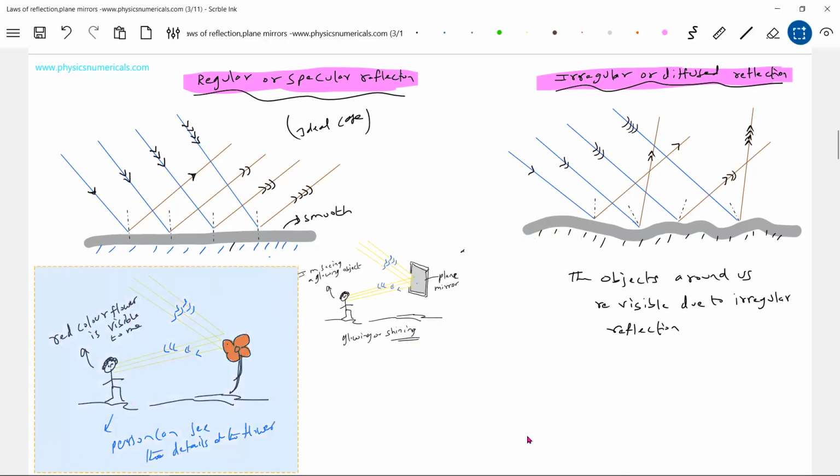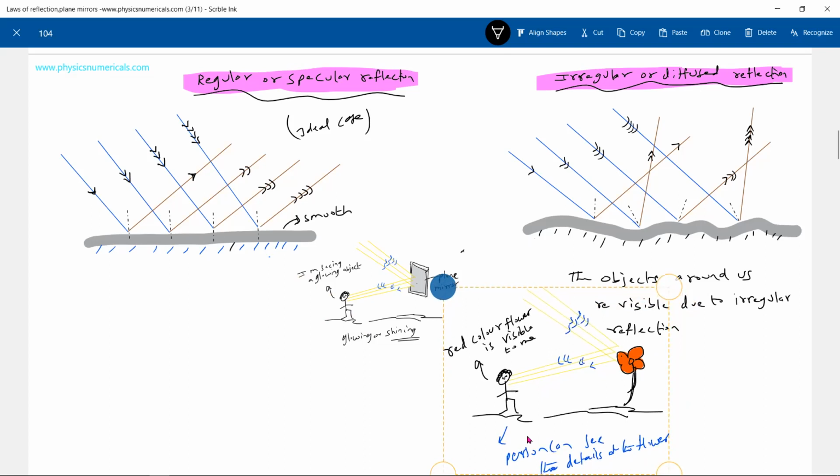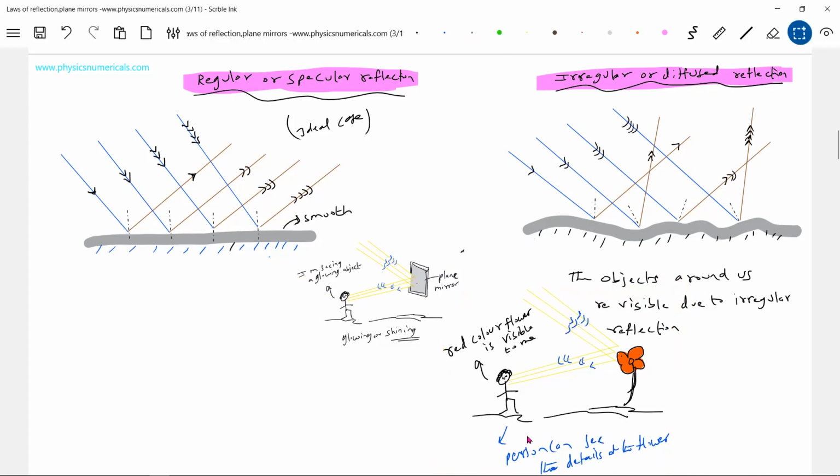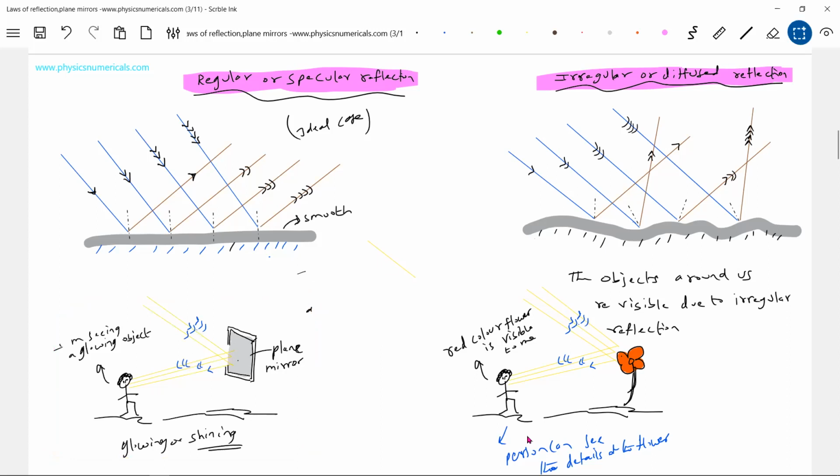Let me rearrange so that confusion will not be there. Okay, now these two diagrams correlate. Able to correlate, the example.